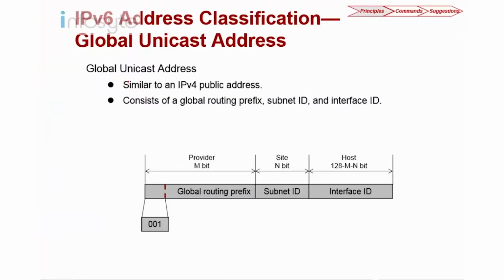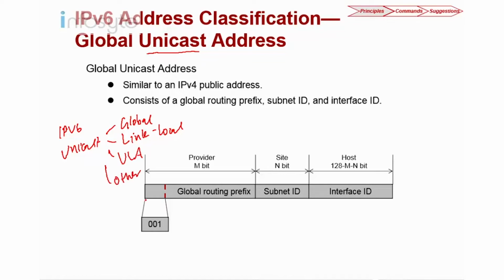Alright, so let's look into the IPv6 unicast address. In IPv6 unicast, they do have different classifications as well. First we are going to look into the global, then we have link local, then the unique local address, and finally others as well. So first let's look into global.